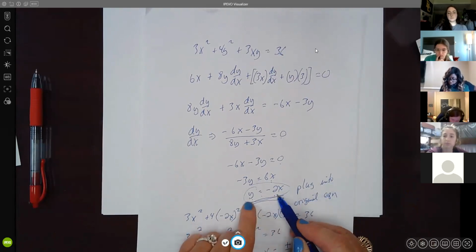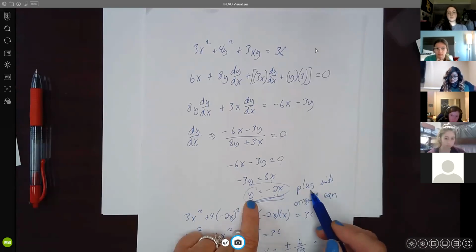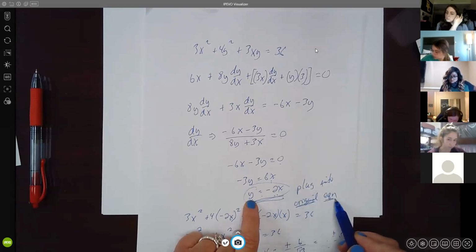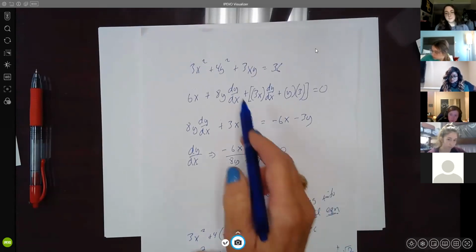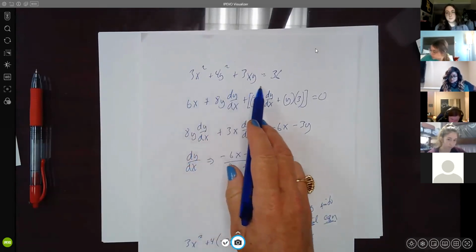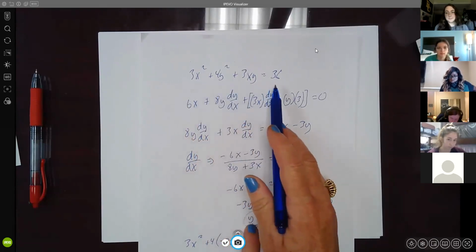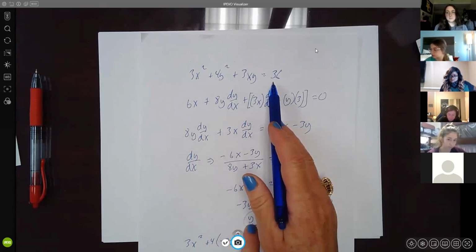Well, you take this, because this is the relationship between the two, and you plug that into the original equation. Here is your original equation. In other words, what we're trying to do is to get this down to one variable so that we can solve it.